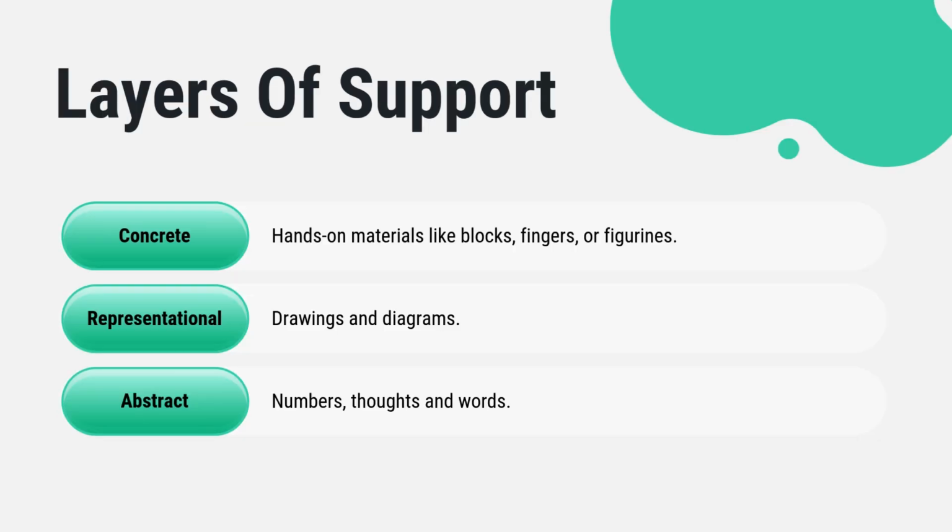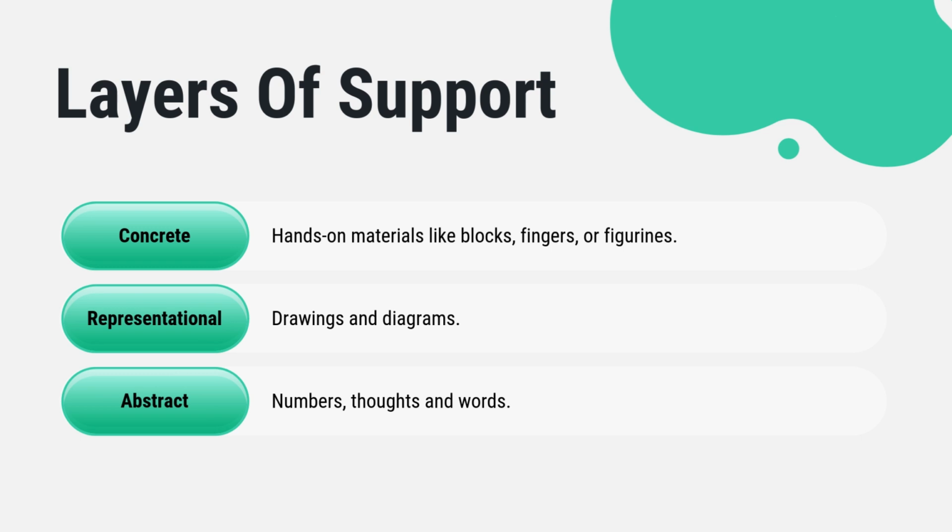Let's add on our last layer of our fact fluency formula here, and this is the layers of support. So the layers of support that you can lend in your classroom in terms of materials, manipulatives, diagrams, here's what you can provide. You can provide support at the concrete level. This is hands-on materials like blocks, fingers, figurines like counting bears.